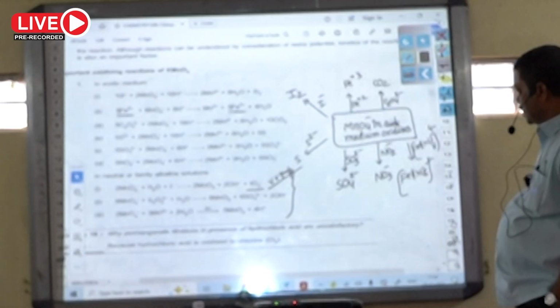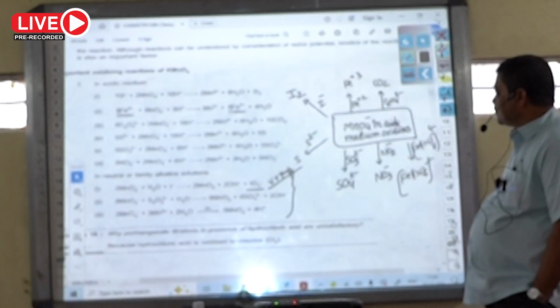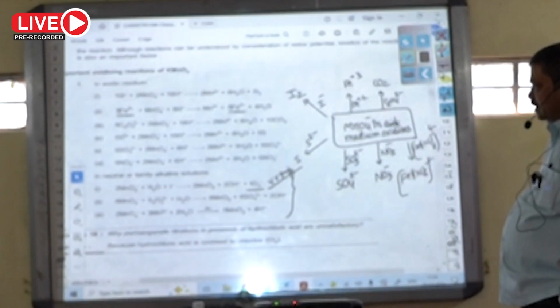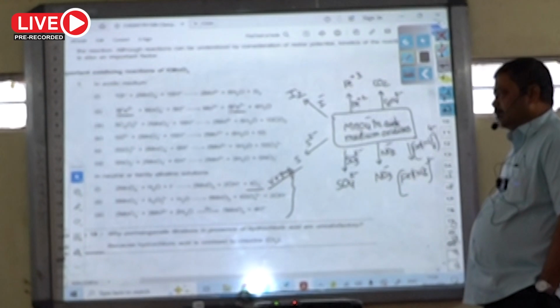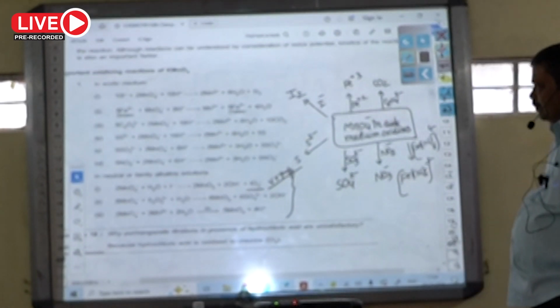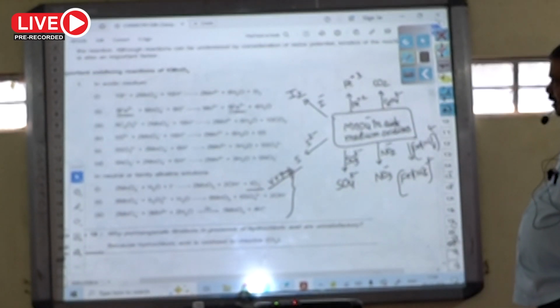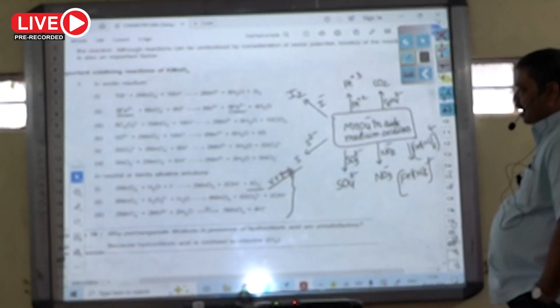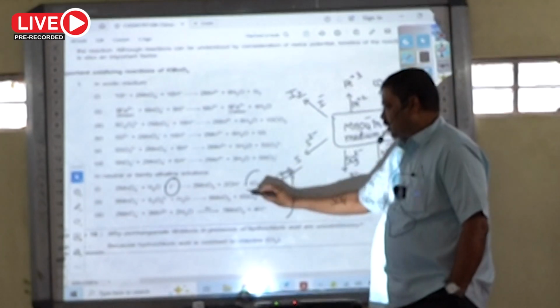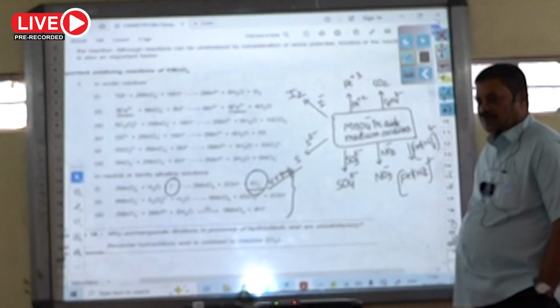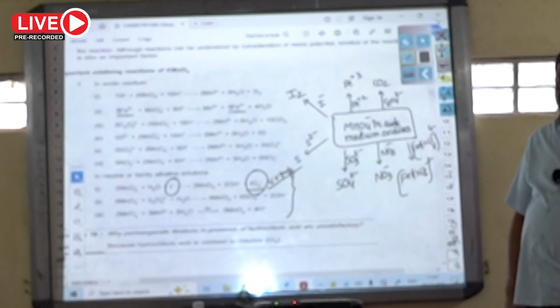Okay, that also we will write as a chart like this. Only 3 are there in neutral or basic medium. Permanganate oxidizes I minus ion, iodide ion, to IO3 minus.